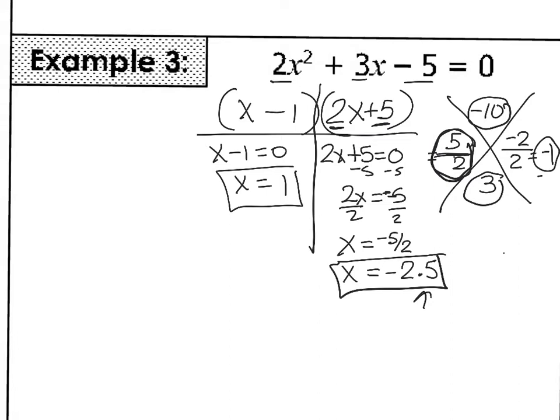All right, so if I was to sketch a graph of this, my intercepts would be negative 2.5 about here, and then 1 about here. My vertex would be the opposite of b over 2a, so 2 times 2, so negative 3/4.